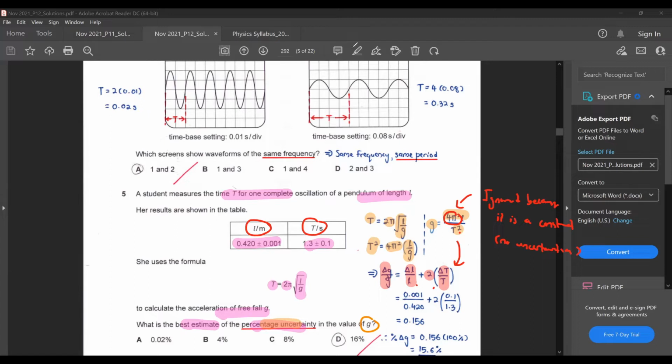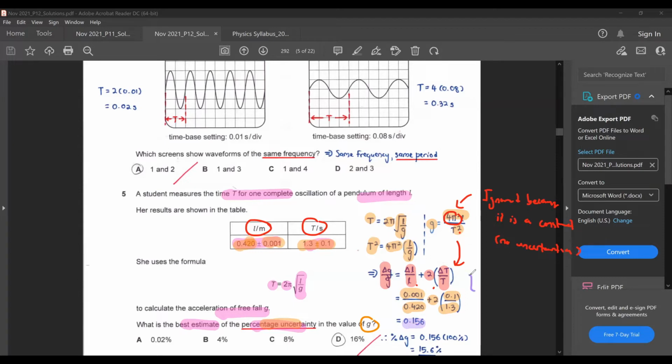Okay. So now you have everything you need. The absolute uncertainty of L is 0.001, the measured value is 0.420. So 0.001 divided by 0.420 plus 2 times the fractional uncertainty of period. Absolute uncertainty of period is 0.1. Measured value of period is 1.3. So eventually you try to solve the entire equation, you're going to get 0.156.